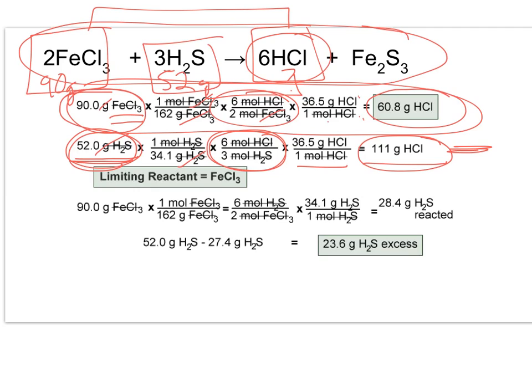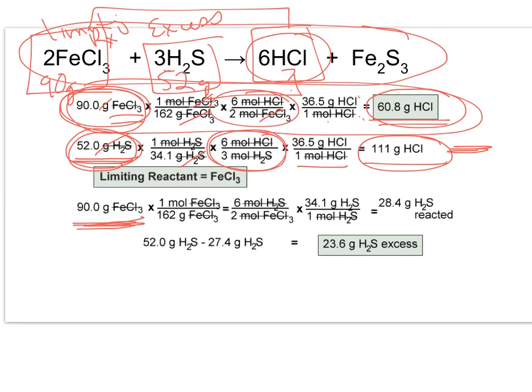If I used up every drop of my iron 3 chloride, I'm going to make 60 grams. So obviously I'm going to run out of the iron 3 chloride. So this is my limiting reactant. That means the hydrogen sulfide is my excess reactant.